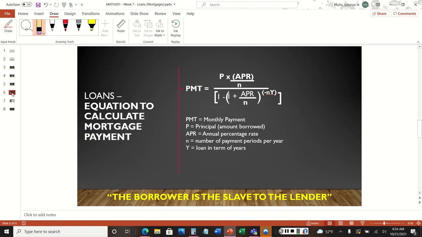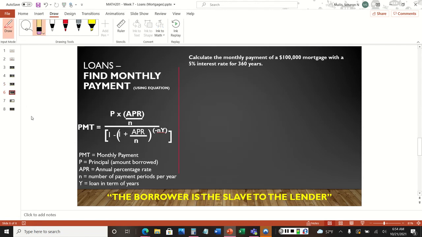All right, so to give an example of how to use this equation, we're going to calculate the monthly payment of a mortgage with a 5% interest rate for 360. Oh, that should be 30 years, not 360 years. Let me correct that. Okay, I got it corrected. So not 360 years, just 30 years.